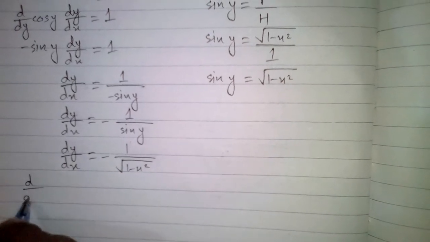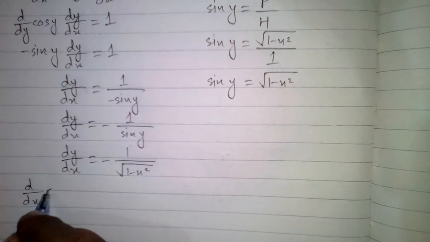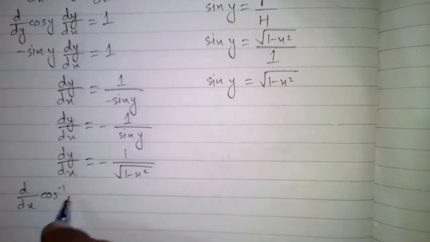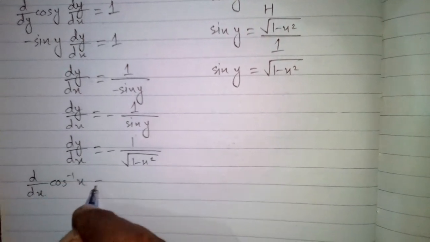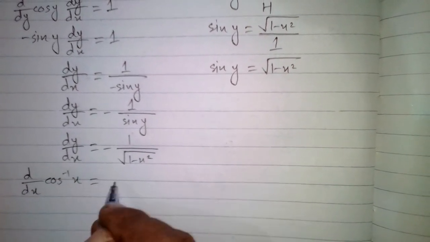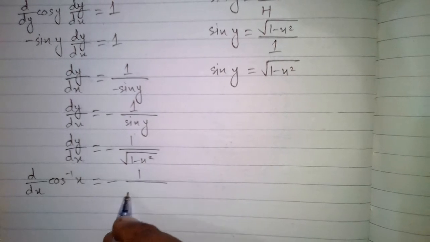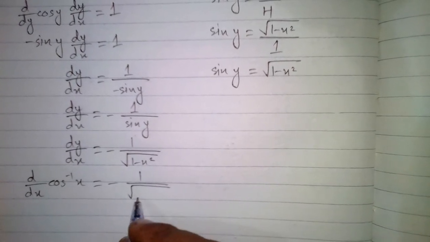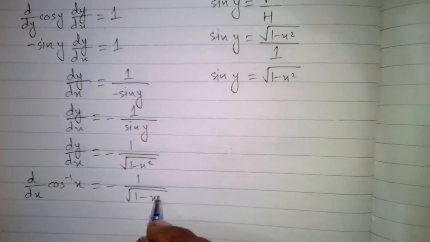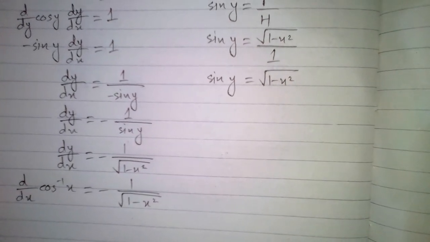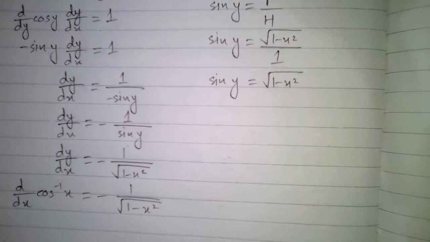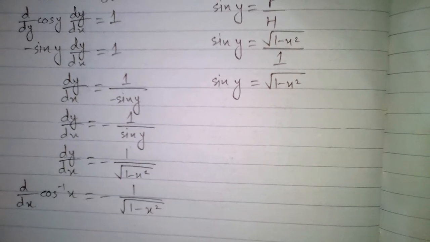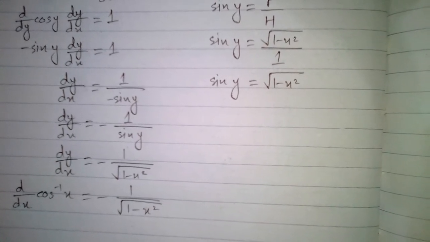So we can write d by dx of cos inverse x in place of this y. So we have d by dx of cos inverse x is equal to minus 1 upon square root of 1 minus x square, or we can say that the derivative of cos inverse x is equal to minus 1 upon square root of 1 minus x square.